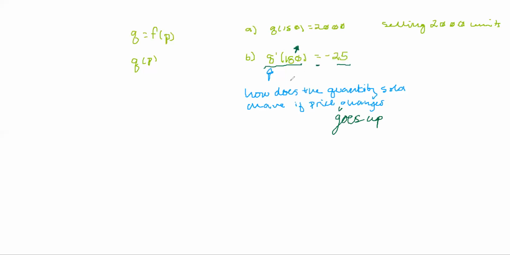We know that if the price were to go up, then the quantity sold would go down, given by this negative sign, and it would go down by 25 units.